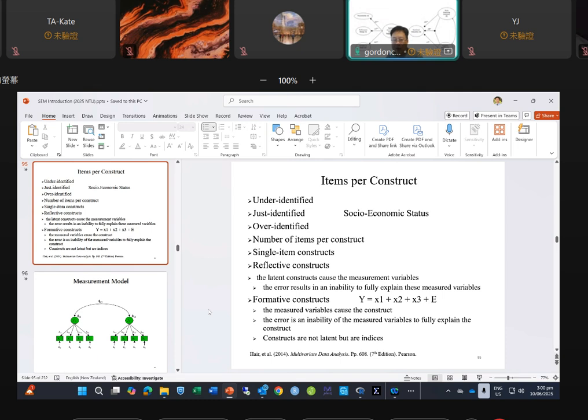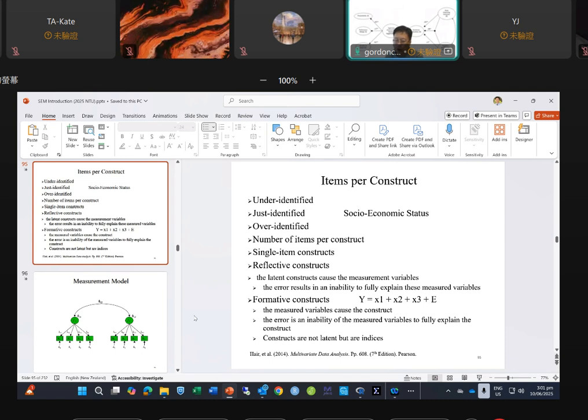Really, the question is whether it is possible to have both reflective and formative constructs in the same SEM model. The answer is yes. It happens a lot of times, in particular in HR studies. As I mentioned to you yesterday, for some measures of HR systems, they use 10 items and ask people to say yes or no for each item, and then they add up the scores. Those items are not necessarily highly correlated, so you form an index.